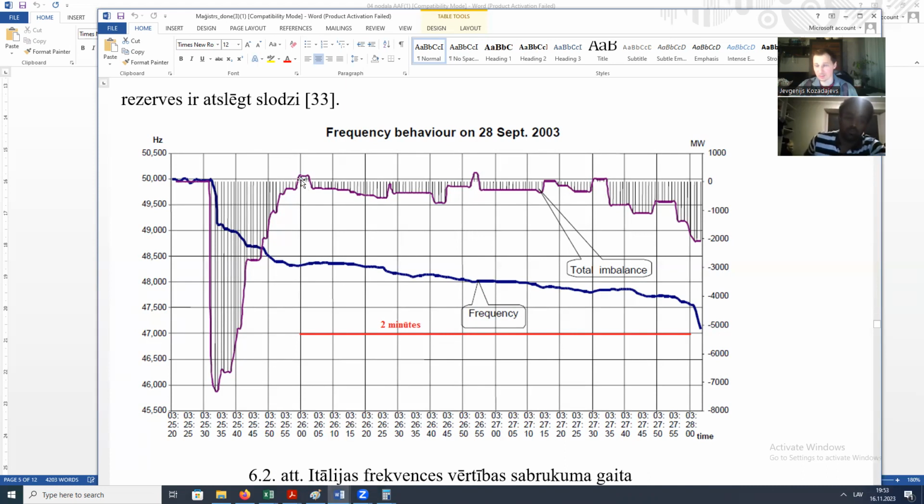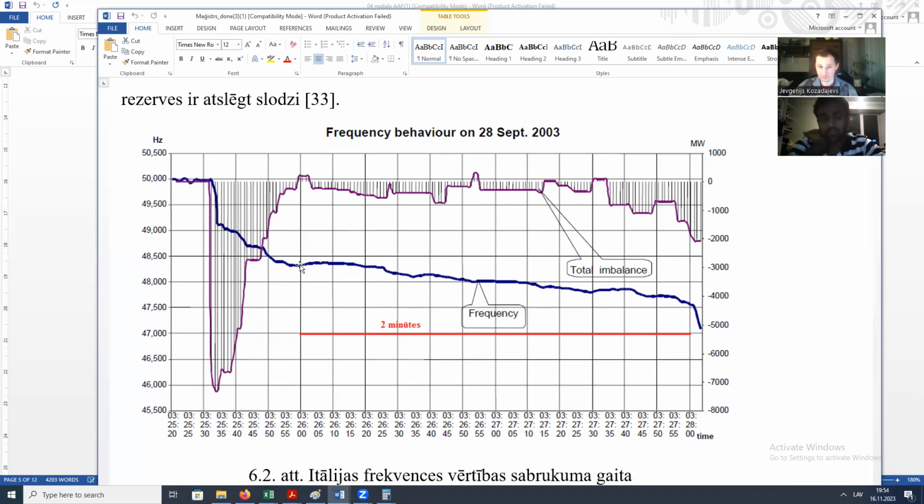Here you could see the system is in balance, but as I said, frequency is low, lower than 48.5 hertz. And in this case, we are in big problems. Why? Because we could start to lose our generators at any second.